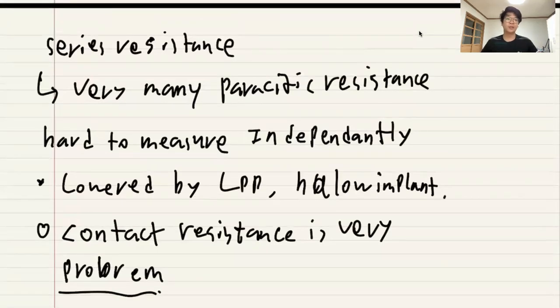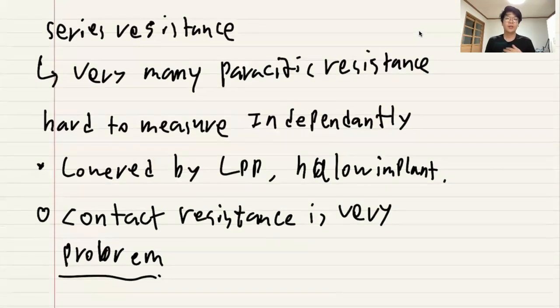We can think about this problem as effective resistance in the device. There are very many parasitic resistances in the MOSFET, and those effective resistances are hard to measure separately or independently. These resistances are lowered by solutions like LDD or halo implant. However, the contact resistance is very problematic.